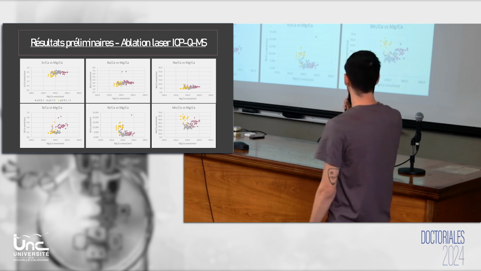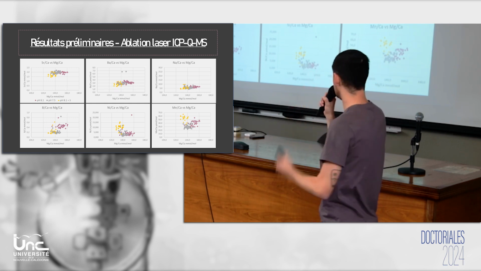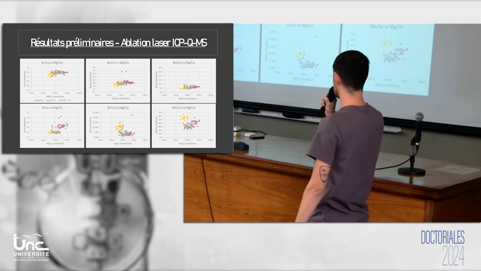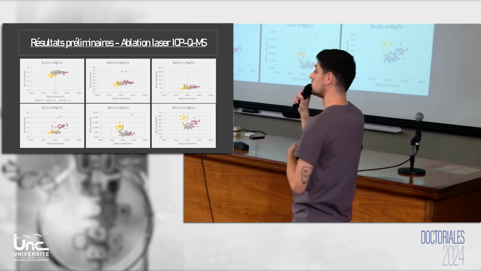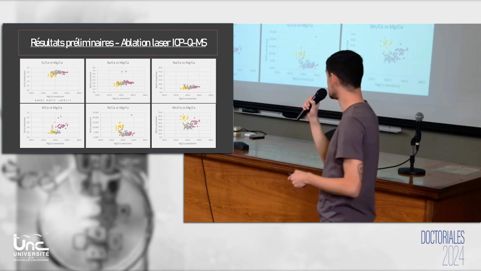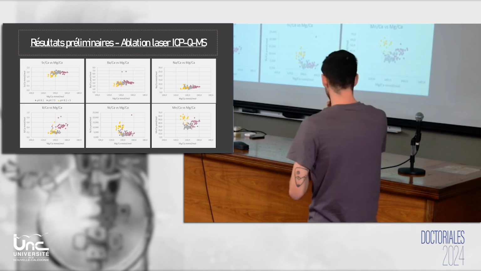Here I can show you the first results from the laser ablation I did in the Netherlands. I plotted various element calcium ratios versus the magnesium calcium ratio. These are the results from the cultured Marginopora.